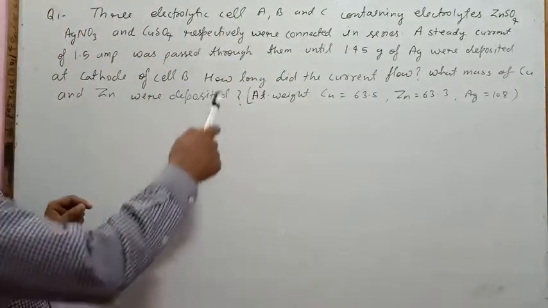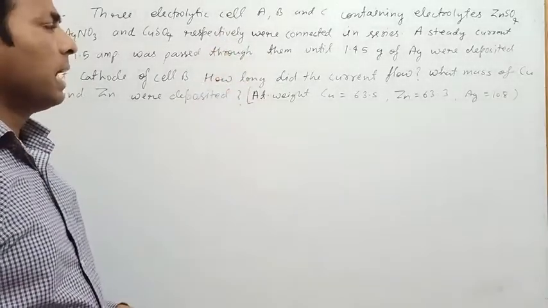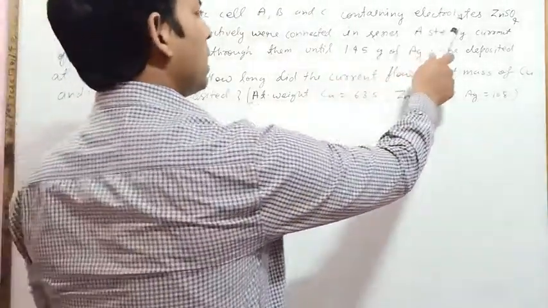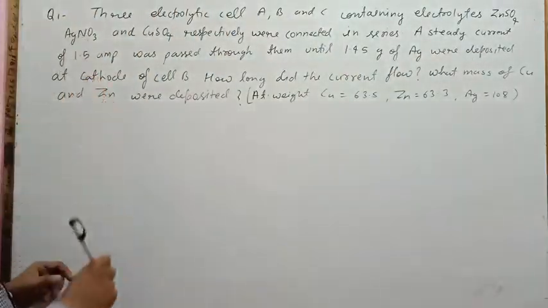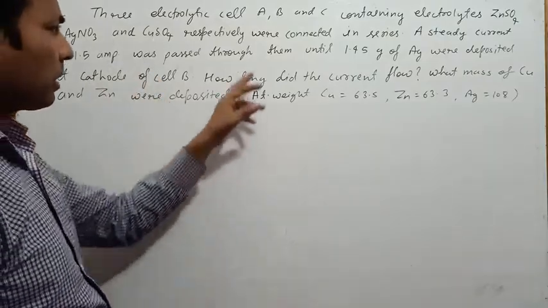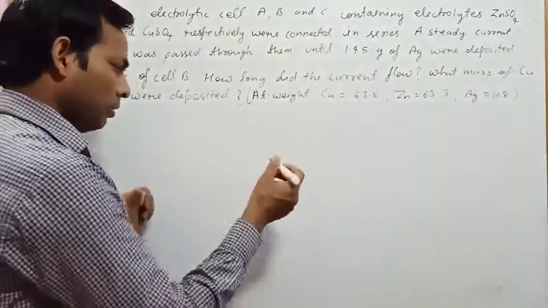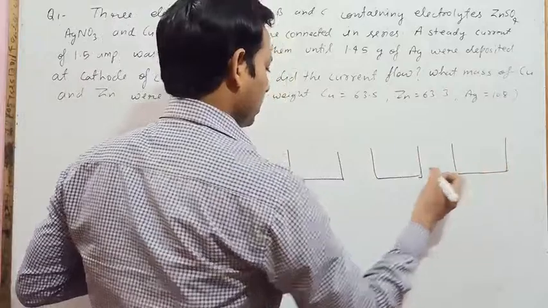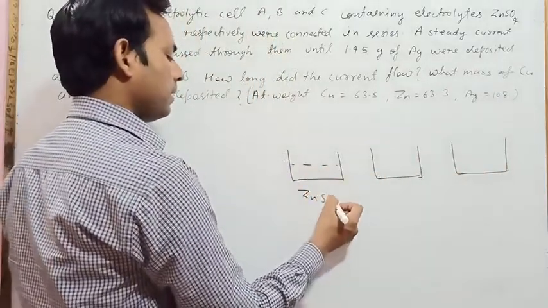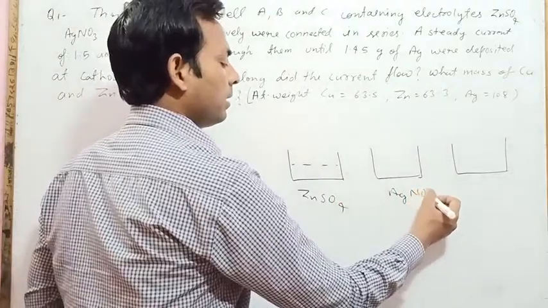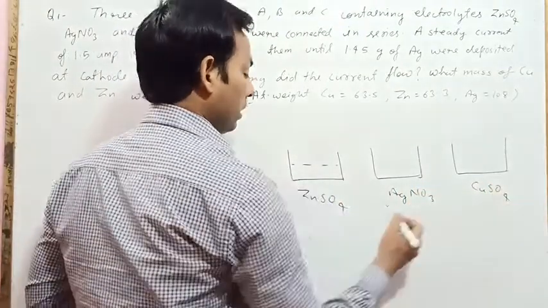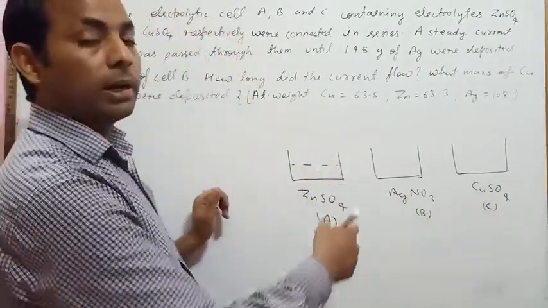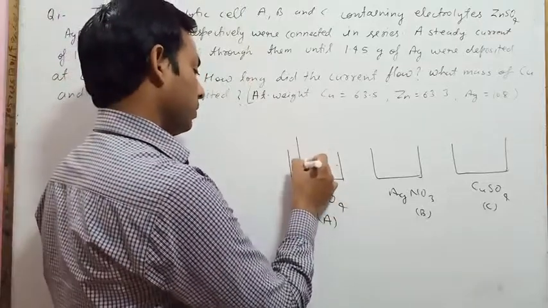Three electrolytic cells, A, B, C, are given. The cells A, B, C containing the electrolytes zinc sulfate, silver nitrate, and copper sulfate respectively were connected in series. So look here, three electrolytes are there. The first one is zinc sulfate, the second one is silver nitrate, and the third one is copper sulfate, indicated by A, B and C, and all are connected in series. Look how to arrange.